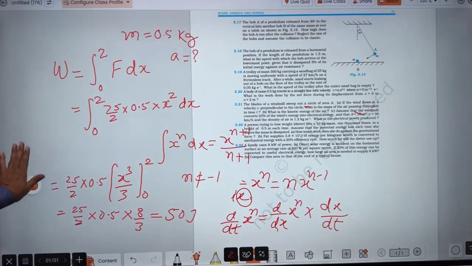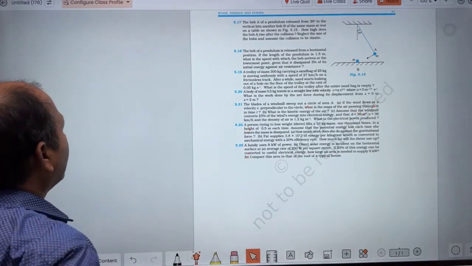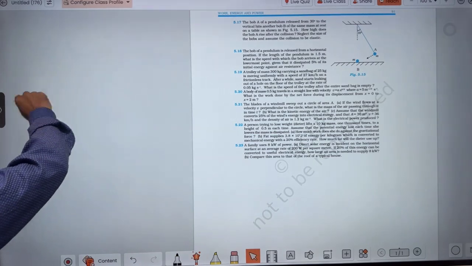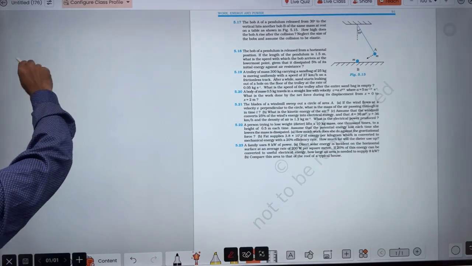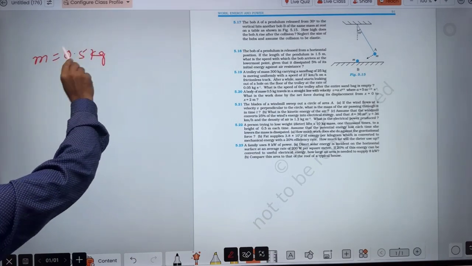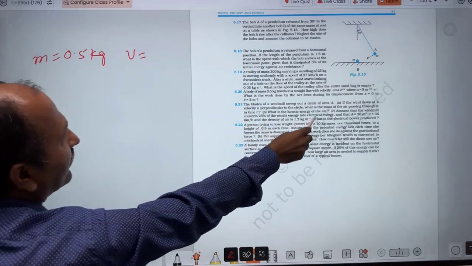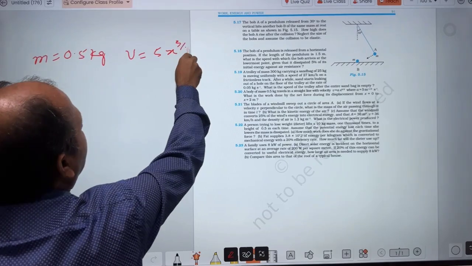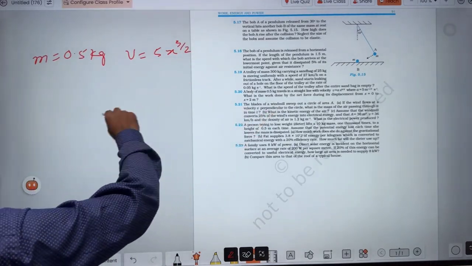Do you want me to tell you once again the same thing? So just for your recapitulation, we can do it again. So here we are given mass m as 0.5 kg and you are given velocity v equal to 5x power 3 by 2 and the limit is also given, 0 to 2.